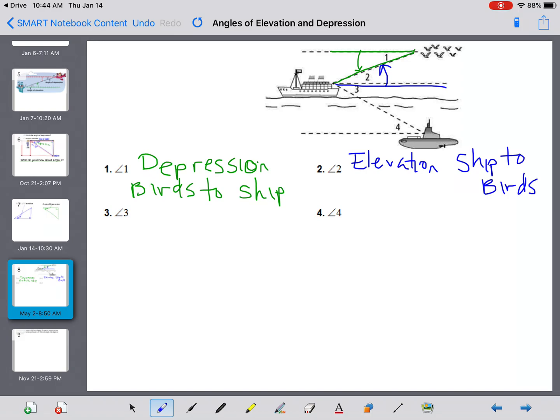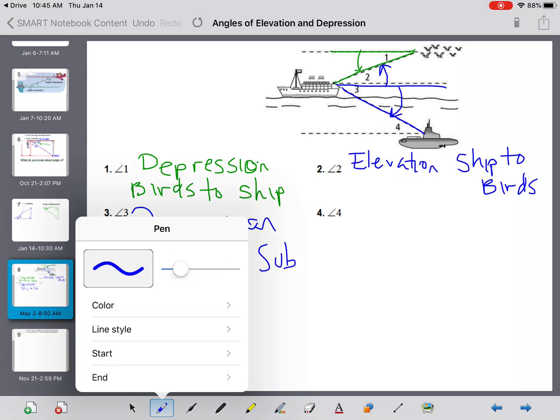Angle 3, same horizontal, but now we're looking down. When I go down towards the sub, this would be an angle of depression from the ship to the submarine.